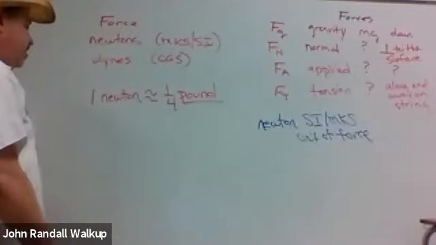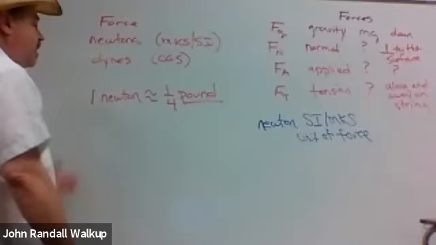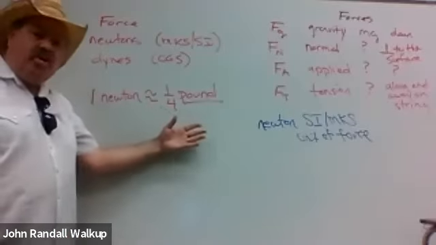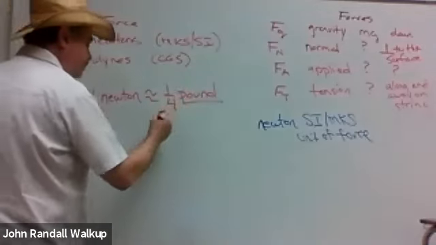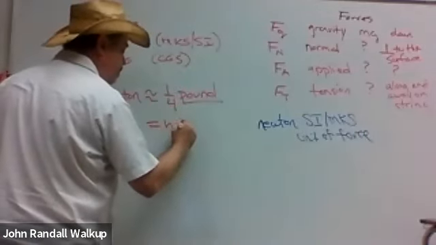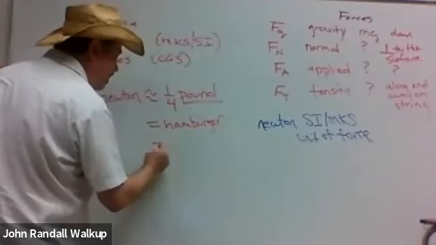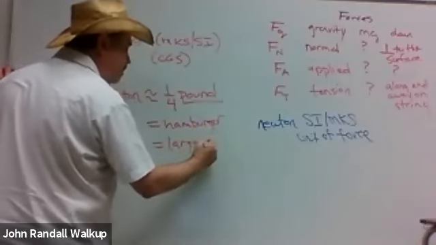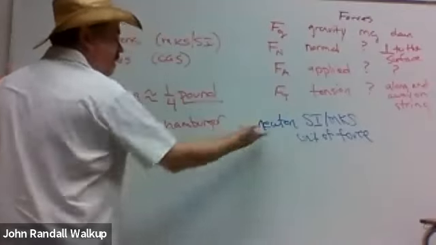But no, we've got to use the SI system in this class. So what weighs about a quarter of a pound? Well, a hamburger. What else? A large apple, which is easy to remember because of apple, Newton, get it?